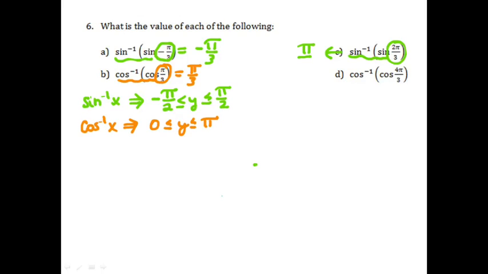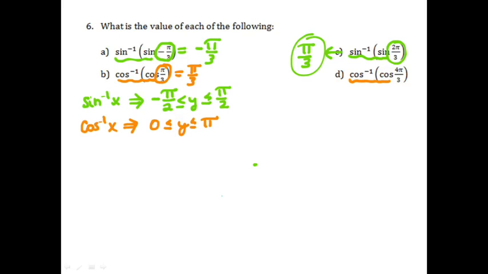It has to be some pi over 3 angle, but let's consider what it is. 2 pi over 3 is in quadrant 2, and in that quadrant sine is positive. So I want to go with a pi over 3 angle that's in the other quadrant where sine is positive, which would be quadrant 1. And so it's just going to be pi over 3. Pi over 3, that's my answer.